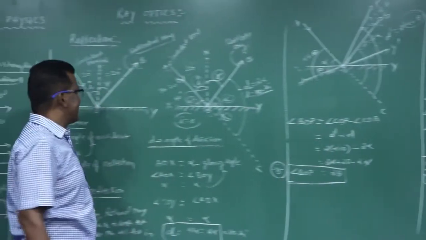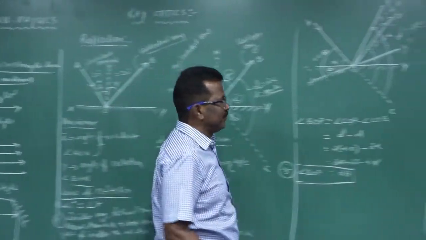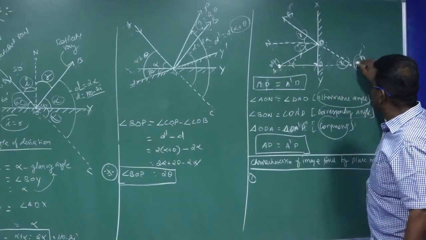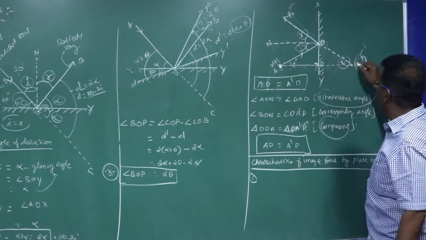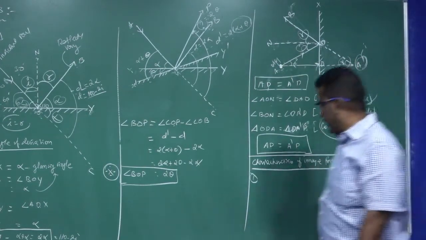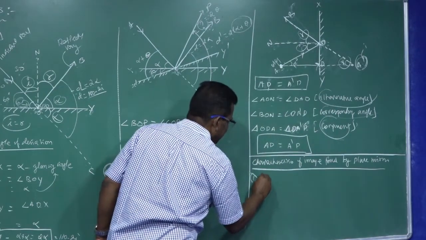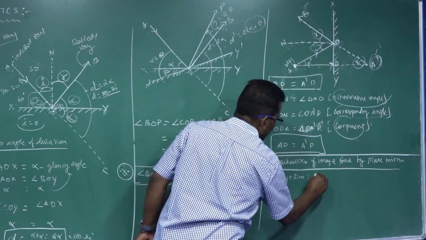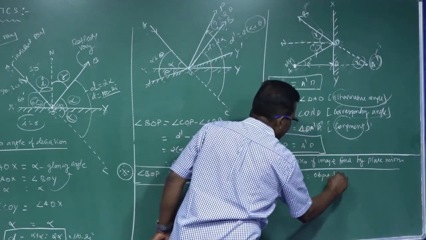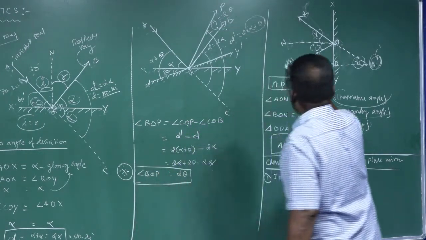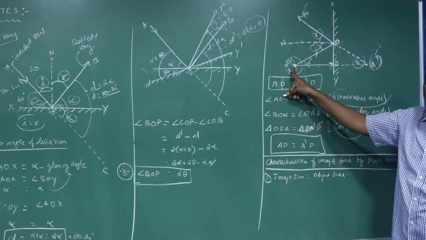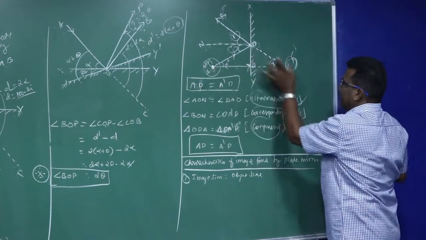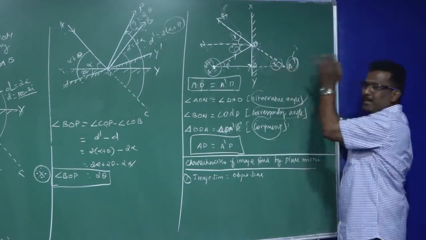One is the size of the image. The size of the image is equal to the size of the object. If the size of the object is 10 millimeter, the size of the image is also 10 millimeter.